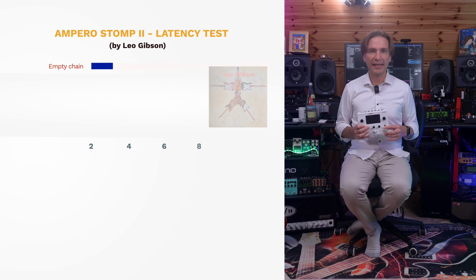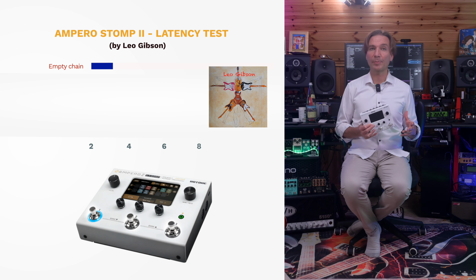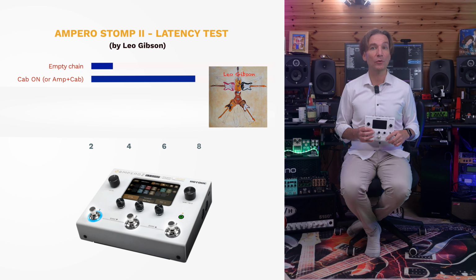We have an empty chain that takes 3 milliseconds, therefore we can deduce that the AD/DA conversion takes around 3 milliseconds. With an amp only in the signal chain, we have a little bit more than 3 milliseconds, whereas with only a cab in the signal chain and the amp switched off, we have 7.8 milliseconds.